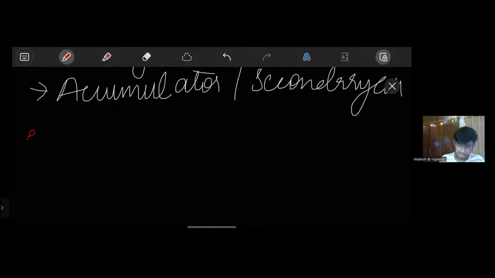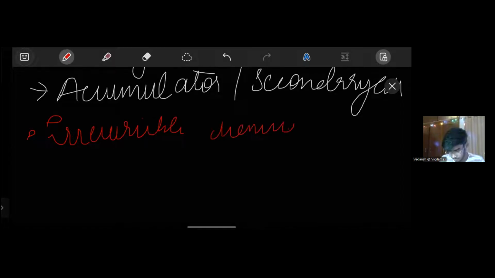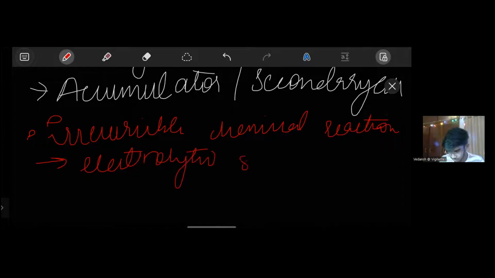Okay, so these provide, as I said, irreversible chemical reactions via the electrolytic solution. Now, as we know, whenever a chemical reaction happens, there is some kind of tendency that, for example, if I am combining two elements together, they are of different valencies, they have different nature, they have different chemical and physical properties.